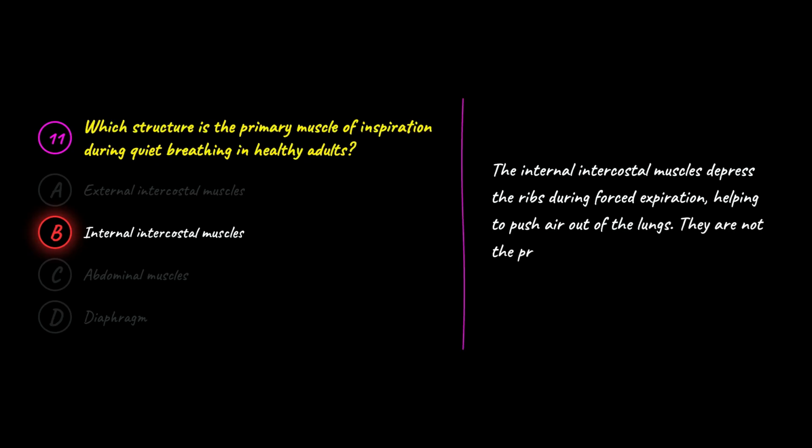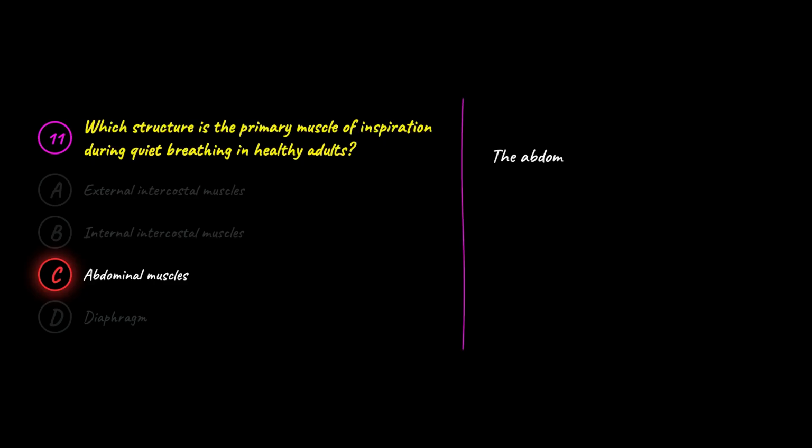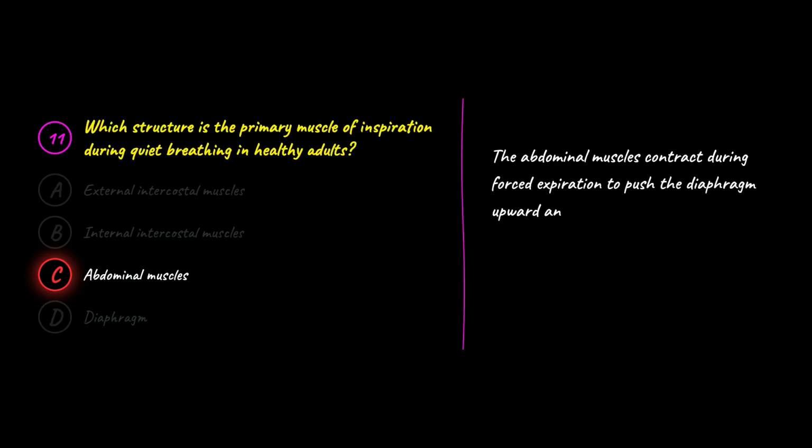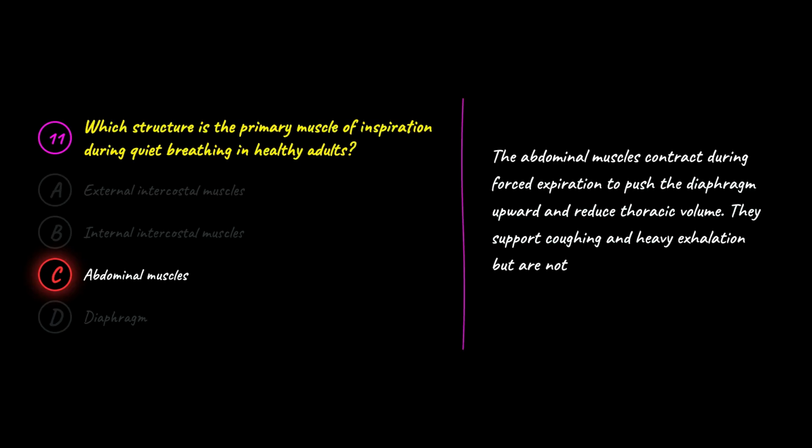They are not the primary muscle responsible for normal quiet inspiration in healthy adults. C is wrong because the abdominal muscles contract during forced expiration to push the diaphragm upward and reduce thoracic volume. They support coughing and heavy exhalation, but are not the main inspiratory muscle in quiet breathing.